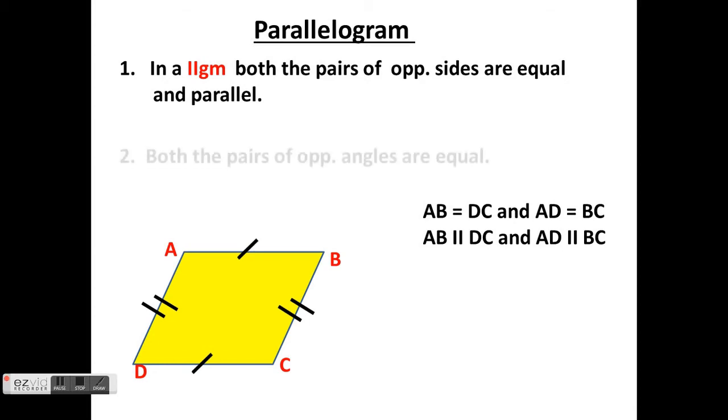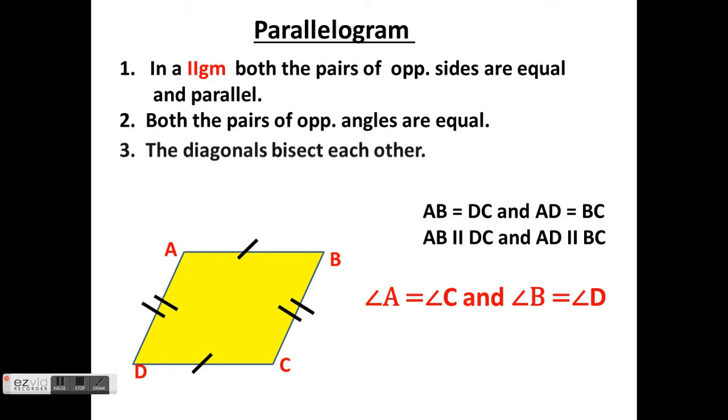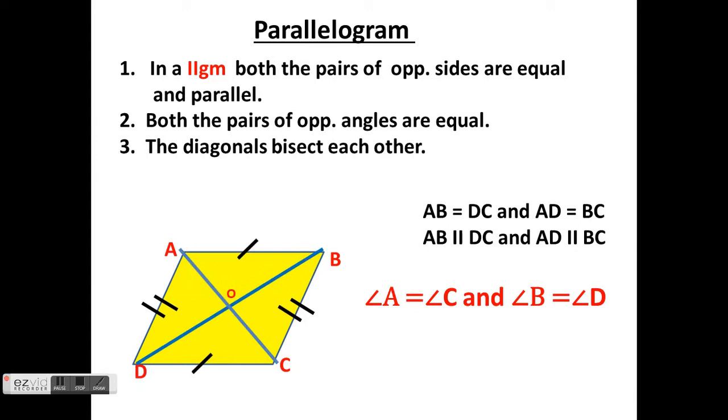Now about the angles. Both the pairs of opposite angles are equal. Angle A equals angle C and angle B equals angle D. Now about the diagonals. The diagonals bisect each other. How? AO equals OC and DO equals OB. These are all the properties.